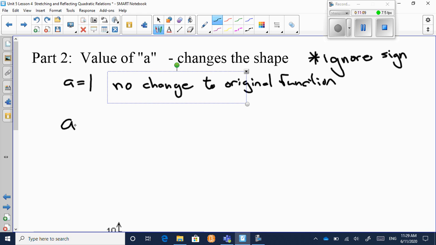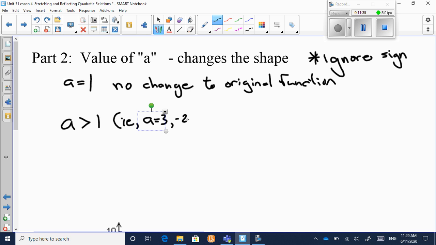Okay, if A is greater than 1, remember we're ignoring the sign, so it could be 3, it could be -2. Again, you're going to say, well, wait a second, -2, Mr. Webster, isn't greater than 1, but remember, we're focusing in just on the value, not on the sign. So if A was equal to 3, if A was equal to -2, etc., any of those values, okay?